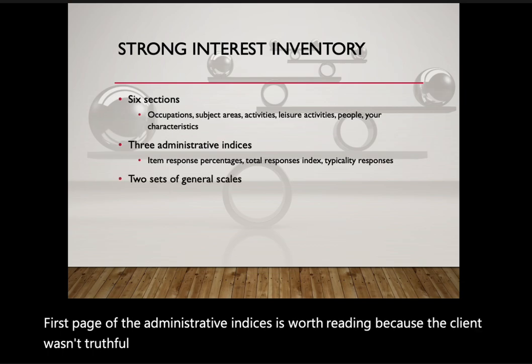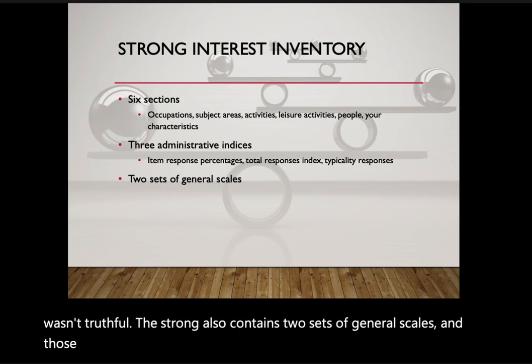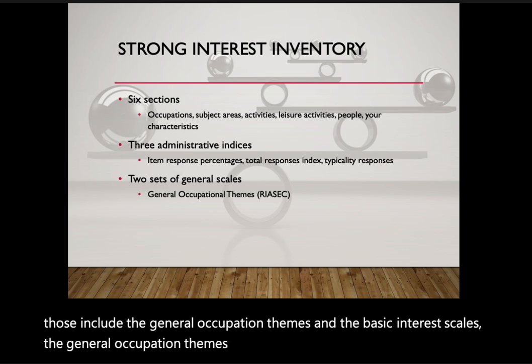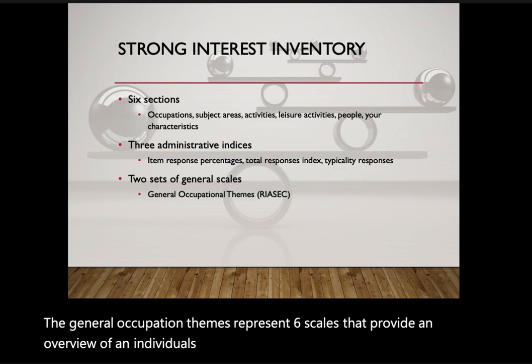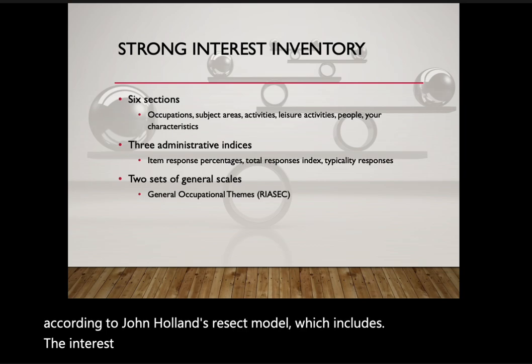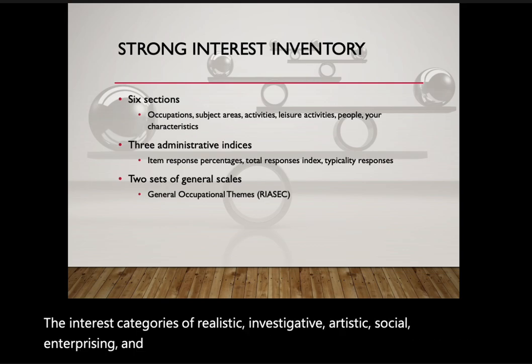The Strong also contains two sets of general scales, and those include the general occupation themes and the basic interest scales. The general occupation themes represent 6 scales that provide an overview of an individual's profile, and those 6 scales are classified according to John Holland's RIASEC model, which includes the interest categories of realistic, investigative, artistic, social, enterprising, and conventional interests.